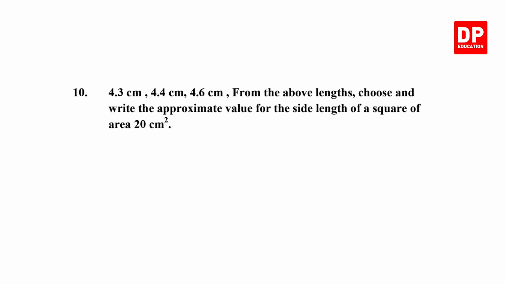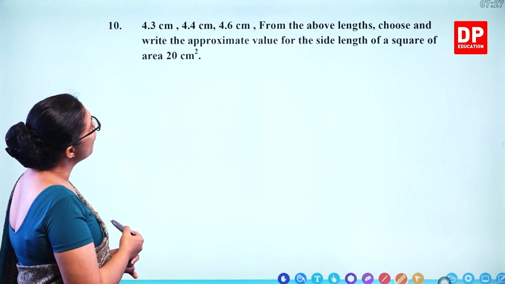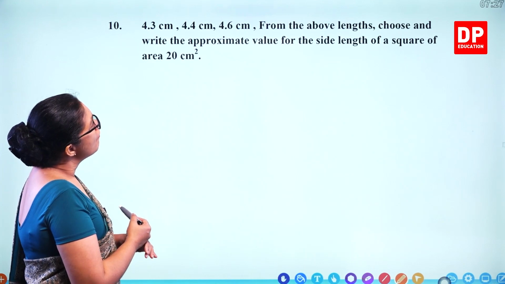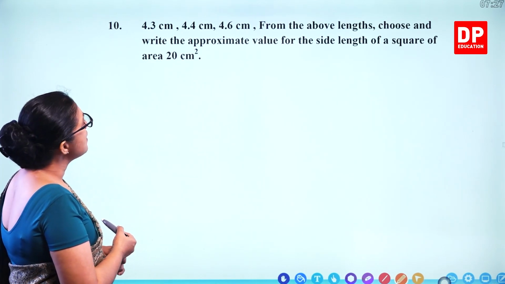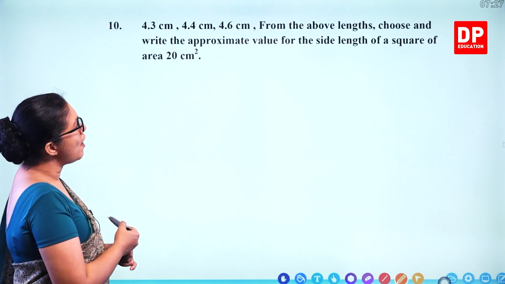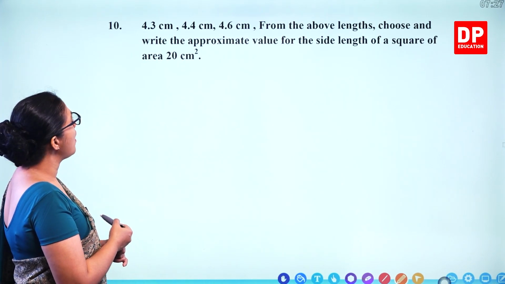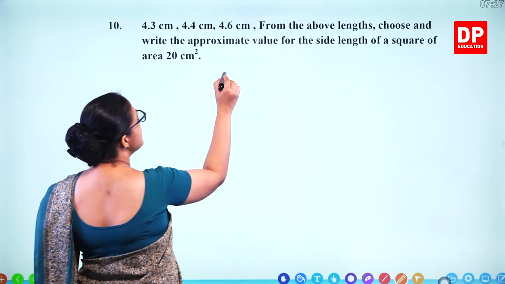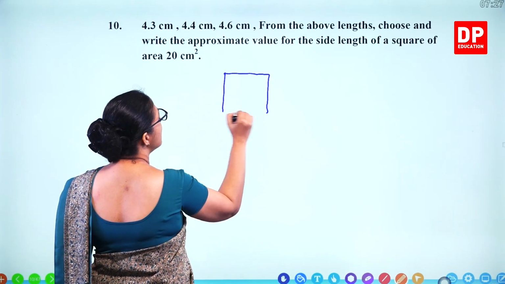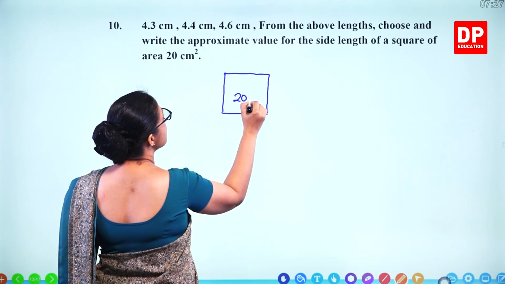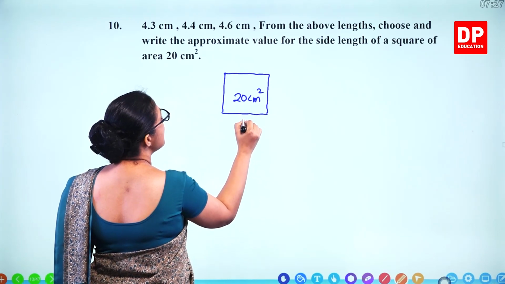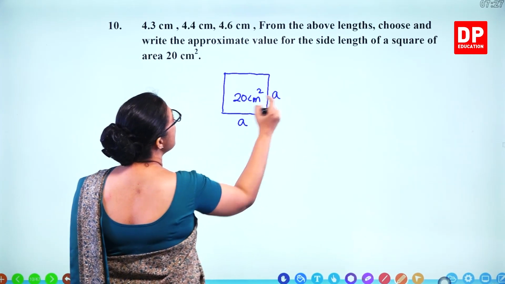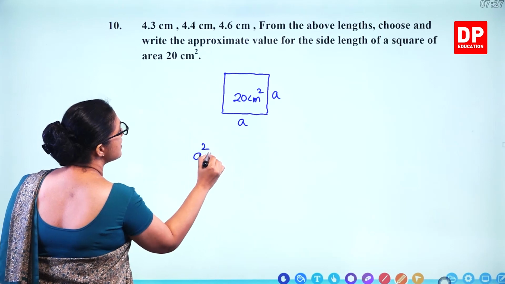Question number 10, 4.3, 4.4, 4.6. From the above lengths, choose and write the approximate value for the side length of a square of area 20 square centimeters. So that means area is 20 square centimeters. So that means if the length is a, a squared is 20.